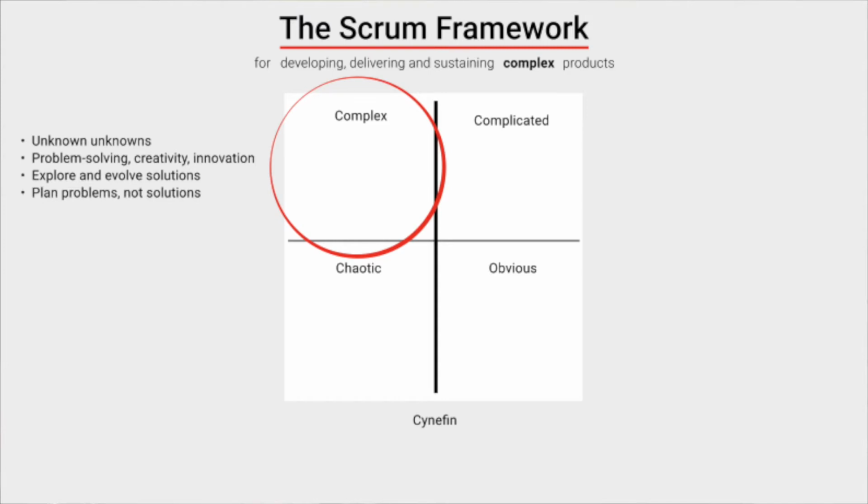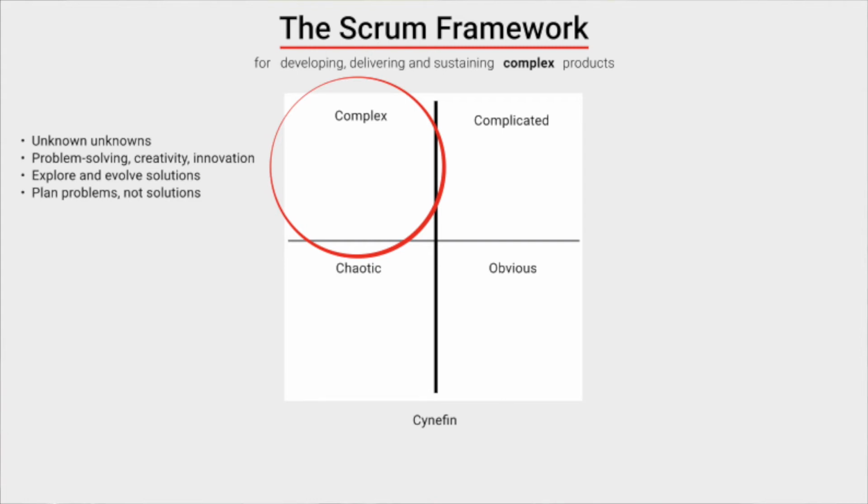At best, in a complex environment, you can plan out your problems. You can see into the future what problems we're going to have to solve, but because of the complexity of the work, we can't actually analyze and solve things until we do the work. It is worth your time to look up the Cynefin model and do some learning about that to really deepen your understanding of complex.